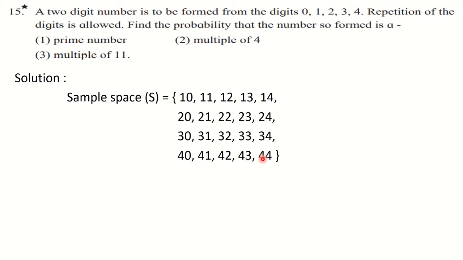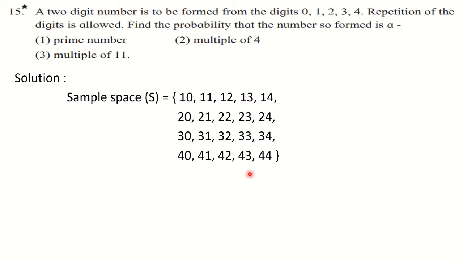In all the previous examples, repetition was not allowed, so such numbers as 11, 22, 33, 44 didn't appear there. But here they appeared. Why? Because they have told us additionally that repetition is allowed, and there they told us that repetition is not allowed. So here, see, 5 numbers in each line and we have 4 lines.